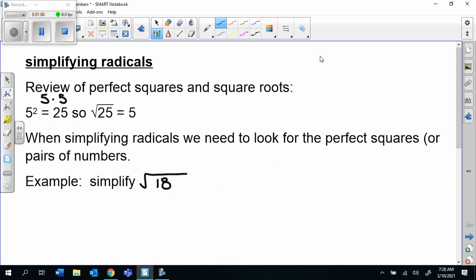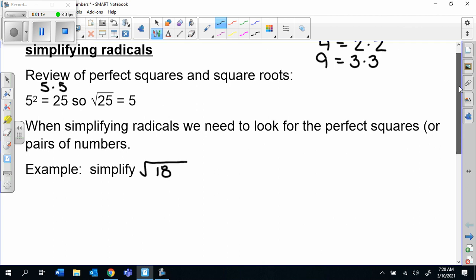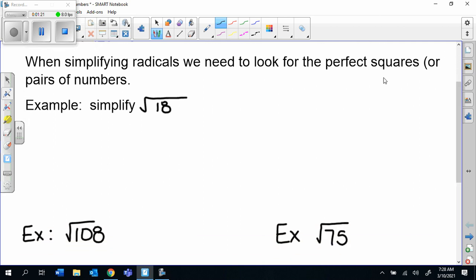So when we think of perfect squares, just like we talked about in the factoring chapter, 4 is a perfect square because it's 2 times 2, and 9 is a perfect square because it's 3 times 3. And so my point here is that we're going to be searching for these pairs when we simplify a radical that's not a perfect square in and of itself.